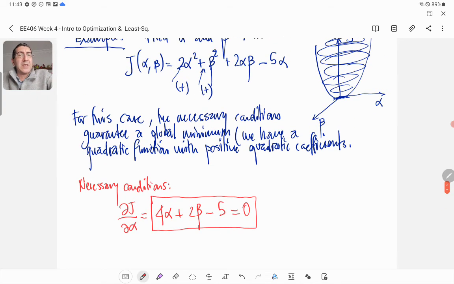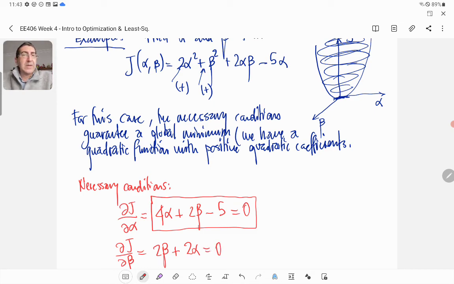Let's take a look at the second term. So I'm going to also take the derivative with respect to beta, of the same objective function. So I will have no term coming from the first term over here. So I have 2 beta from the second term plus 2 alpha, and no term coming from the minus 5 alpha because there is no beta in it, is equal to 0.